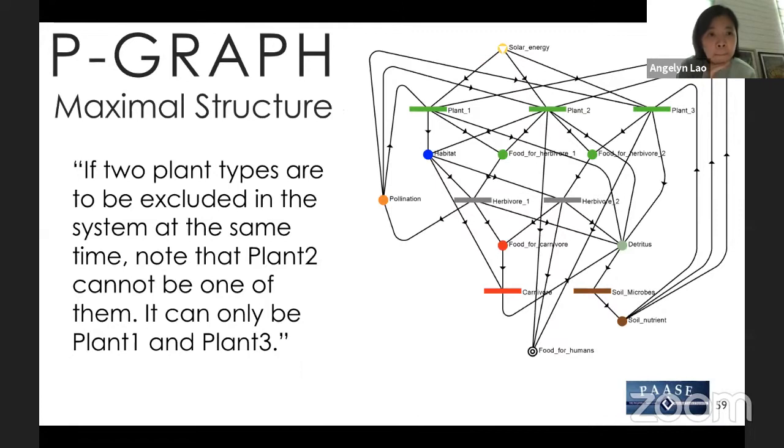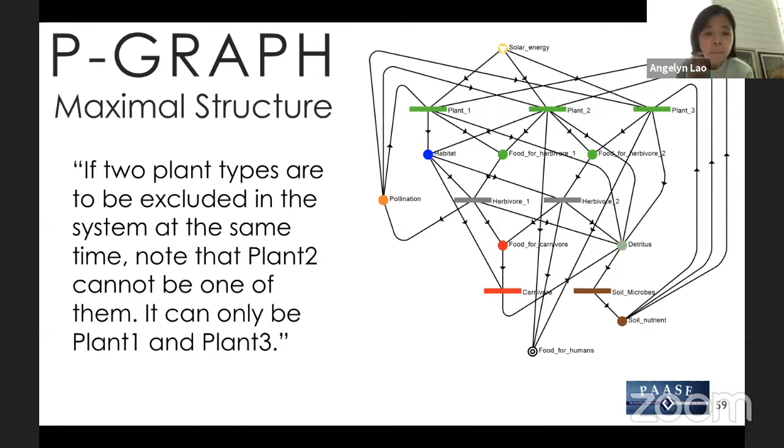So for the plants, at least one of the plants should be included in the system. This is what we generalize from the structures that are generated. If we need to exclude 2 types of plant at the same time, we notice that it cannot be plant 2, okay?